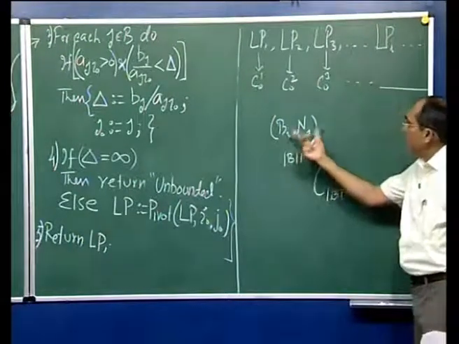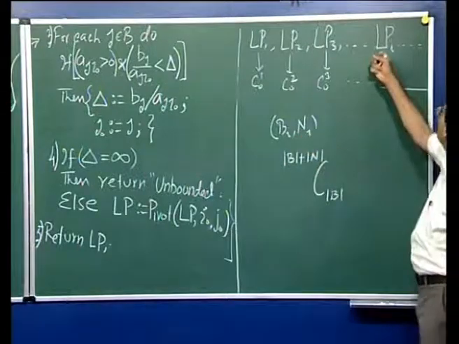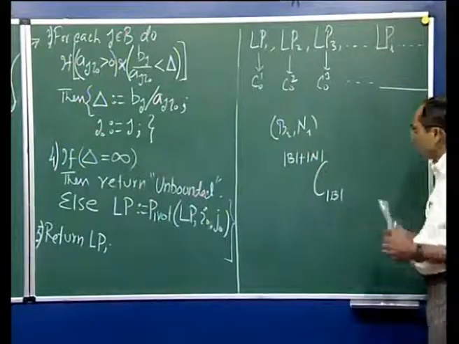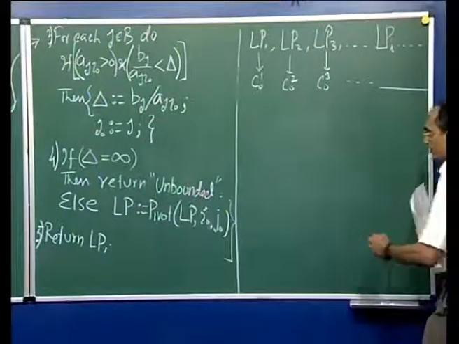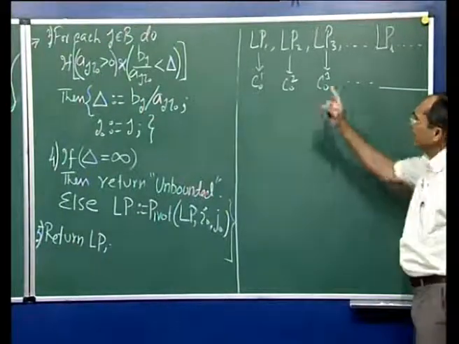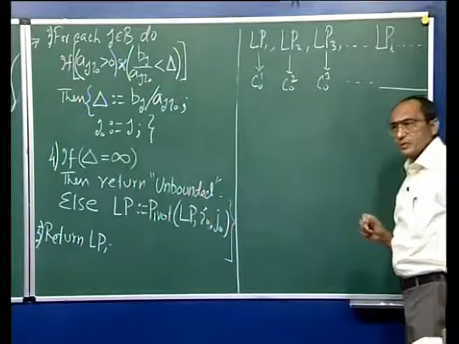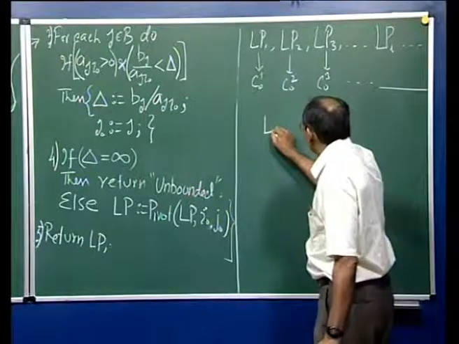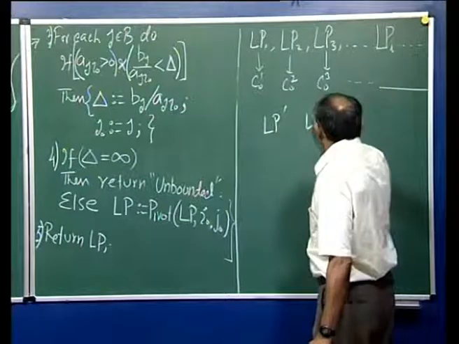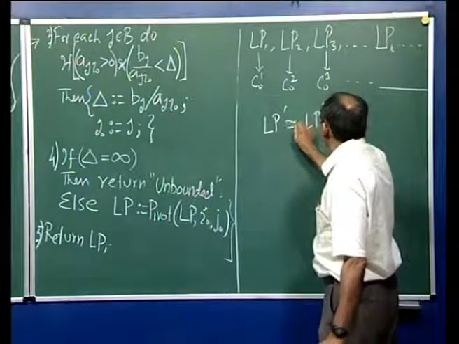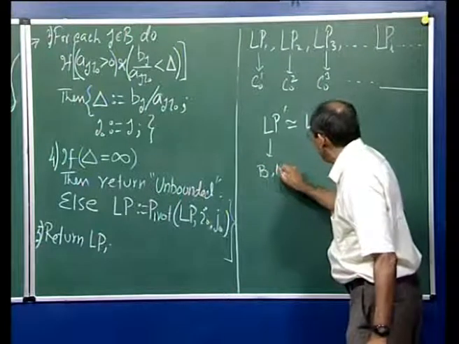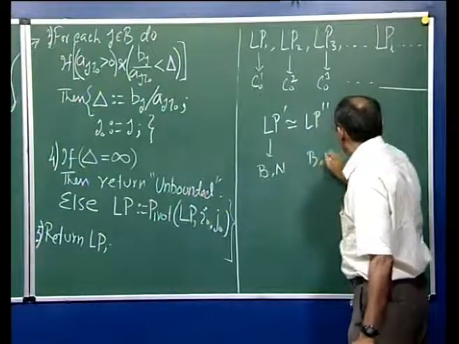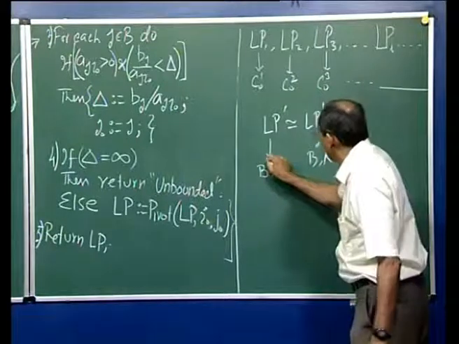Now we are claiming that if the pair is the same, then the linear program has to be identical. That is not very difficult to see. The reason is that these are all equivalent linear programs, and suppose we have two, LP prime and LP double prime, which are equivalent and their sets B and N are the same.